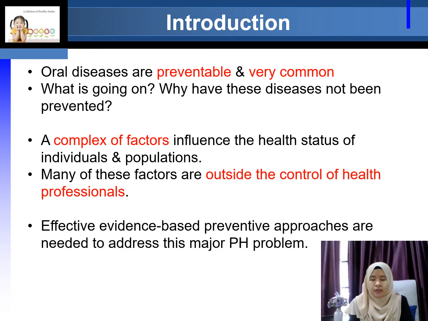Some of the factors are beyond our control. Some of those factors cannot be modified by health professionals, for example genetics and biological factors. So effective evidence-based preventive approaches are needed to address these major public health problems.